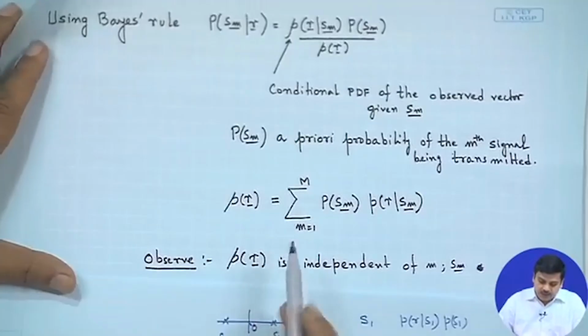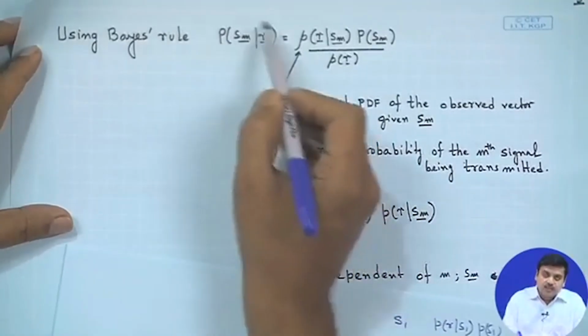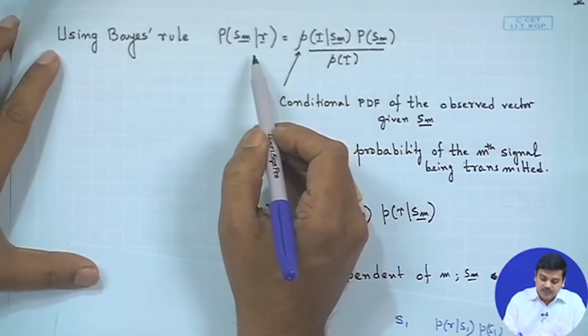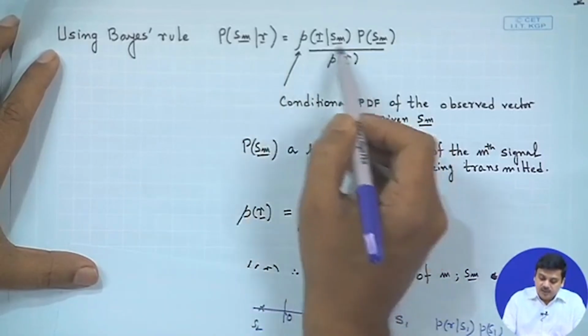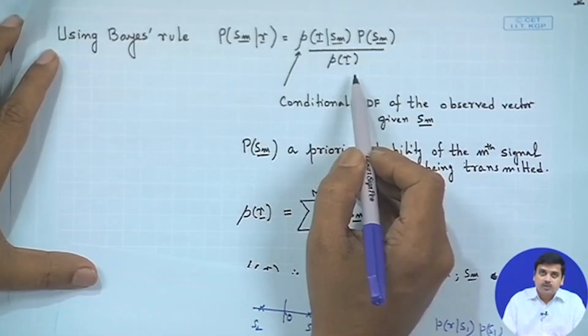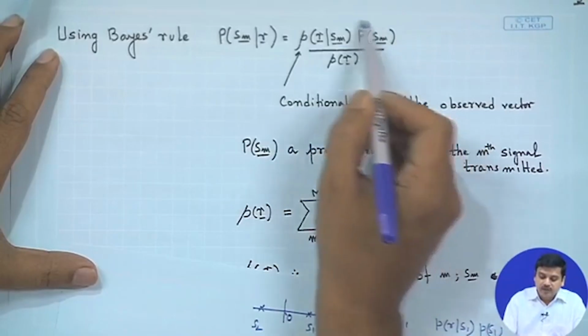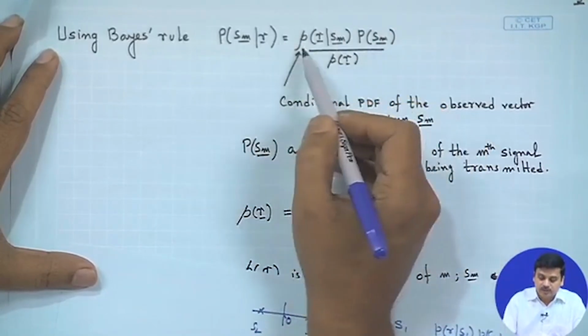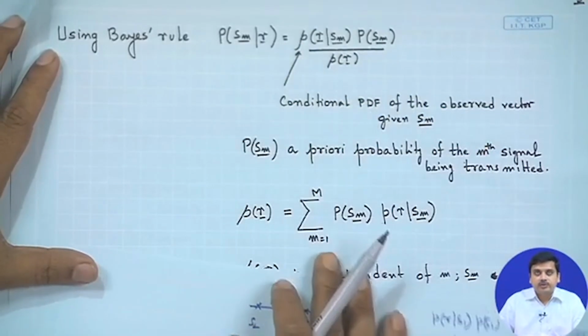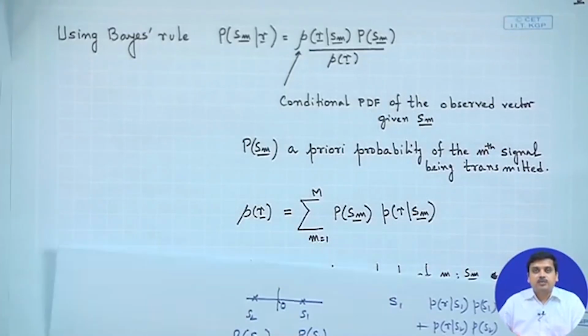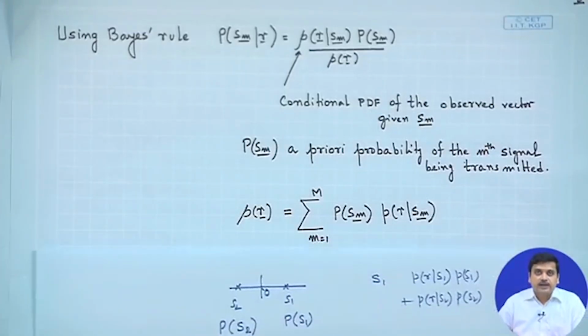So, that means if we have to maximize this probability, we can see that the denominator term is almost irrelevant for us. All we are left with is the numerator term. A similar situation we had used when we discussed the properties of the matched filter, and there also we had found that if we could hold the denominator constant, we could maximize the signal to noise ratio at the output by maximizing the numerator.